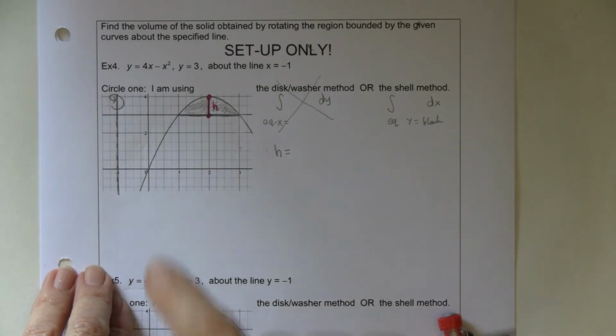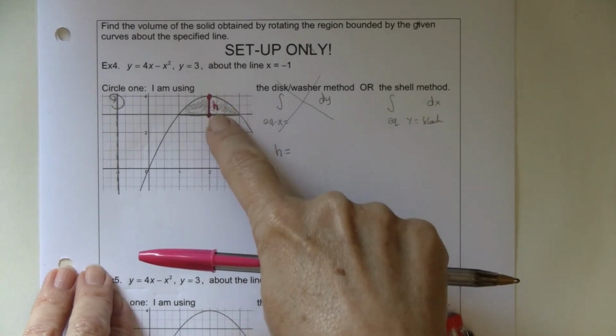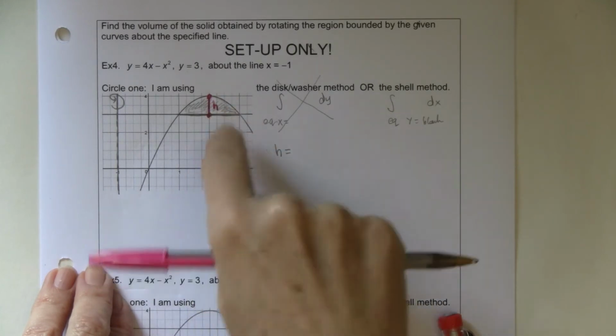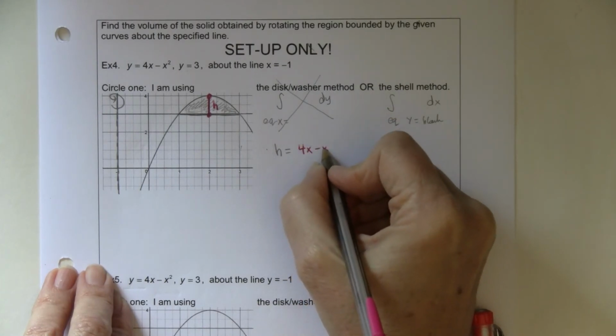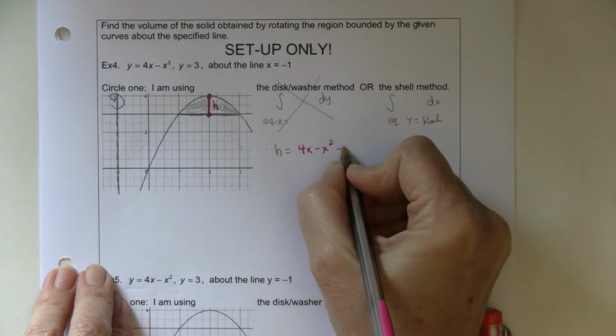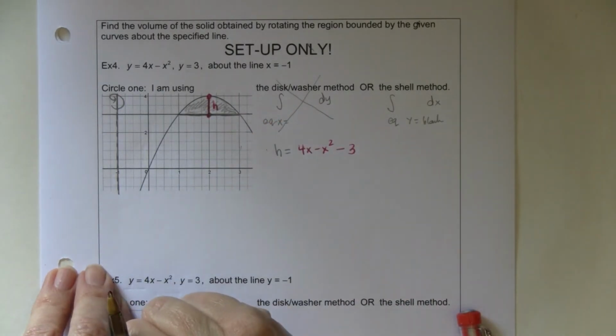Now my h is my top curve, which is 4x minus x squared, minus my bottom curve, which is 3. So h is 4x minus x squared, that's the top curve, minus 3, that's the bottom curve. Top curve minus bottom curve.